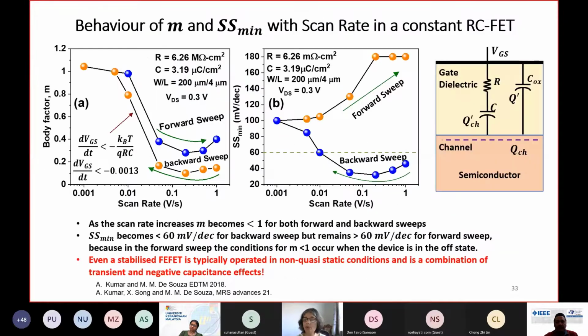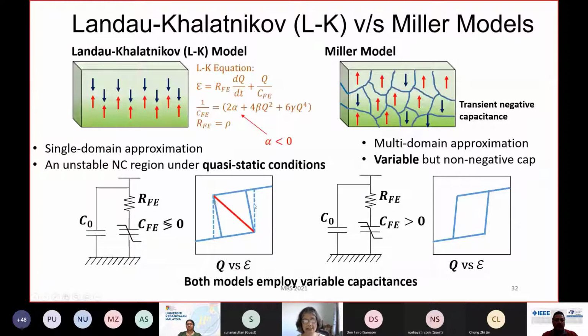And the answer is no, because we've just reported that even if you keep a constant capacitor in your circuit, you can still get a body factor which depends upon the scan rate, because basically the reality is that you can have a material which is a combination of these two situations.